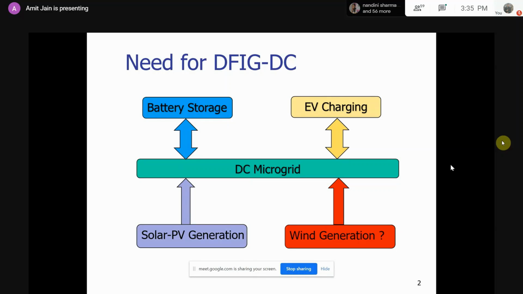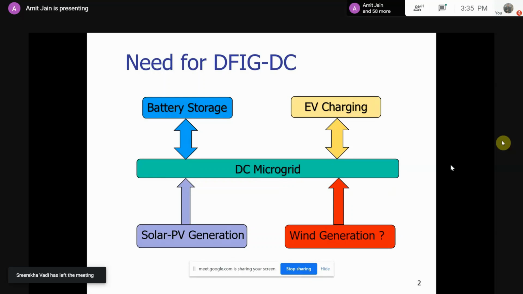And in terms of sources nowadays, we all know that solar PV generation is becoming more and more common. It is entering in a higher percentage in the power systems as a renewable energy, and that is a DC source. So if you have to connect it to the AC grid, then you have to put an inverter. If this is a DC microgrid, it is always easy to connect solar PV.